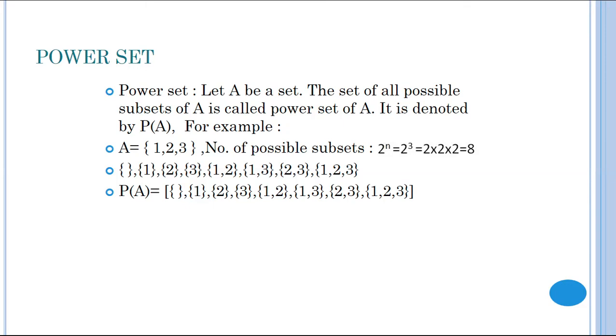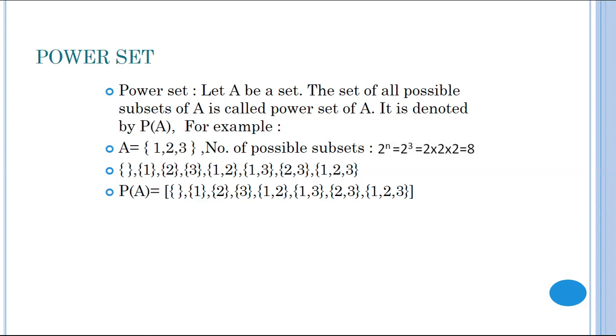Now we will find and write them in this way. First of all, we will take the empty set. Set A always has the empty set, that is 1. Then we will take single sets: 1 in brackets, then 2 in brackets, then 3 in brackets. Now these are 4. Four are left.